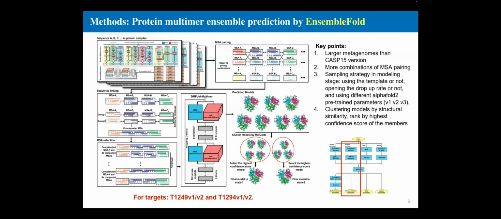Currently, it contains around 60 billion sequences, which is almost double the size of the database we used previously. In the MSA pairing step, we increased the number of paired MSAs to ensure we can get an efficient number of final decoys.